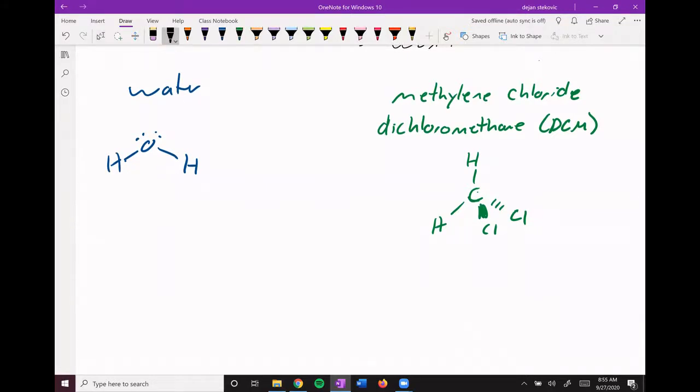And then these two have different properties, so they will not mix with one another. And we can think about what property is going to determine which one's going to be the top or the bottom layer. If we took a look at the density of water, we'd see it's 0.997 grams per mL, while DCM's density is equal to 1.33 grams per mL.